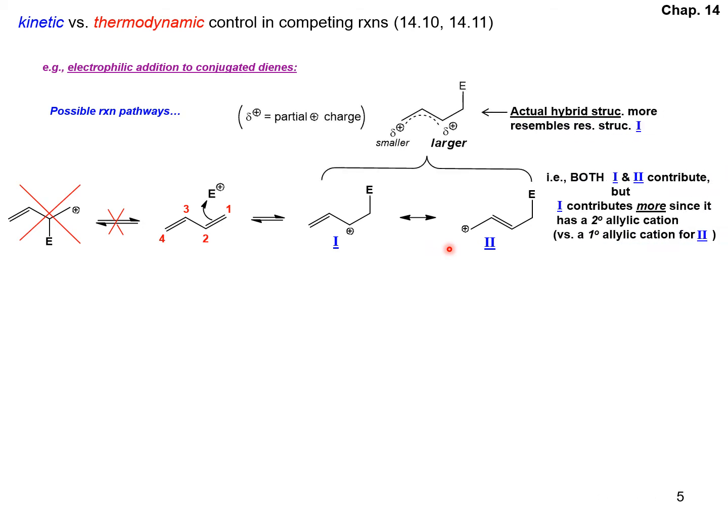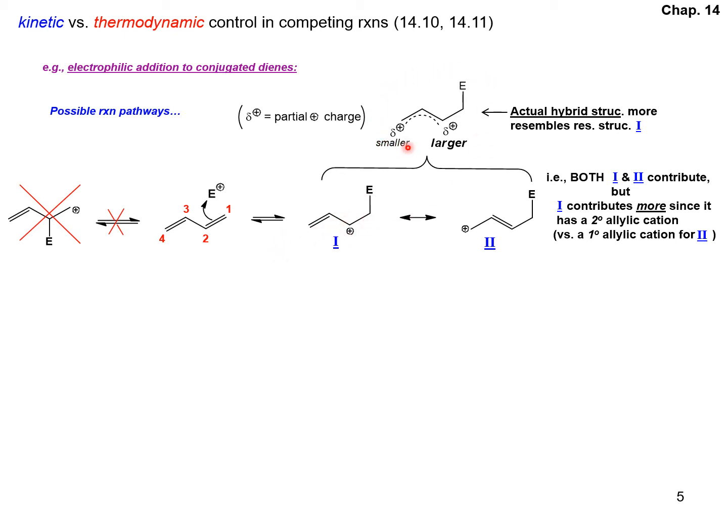Both of these resonance structures contribute to the overall electronic picture of this molecule, but because in resonance structure 1 the positive charge is on a secondary carbon versus a primary carbon in structure number 2, structure number 1 contributes more. What does that mean?